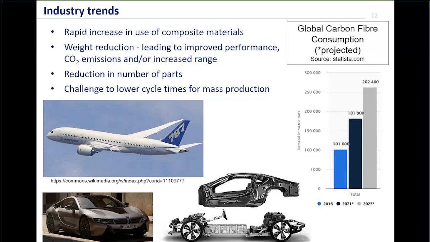This is a real challenge for the higher strength composite materials, so there's a lot of work being done to get to a decent compromise between cost of production and strength for automotive particularly.